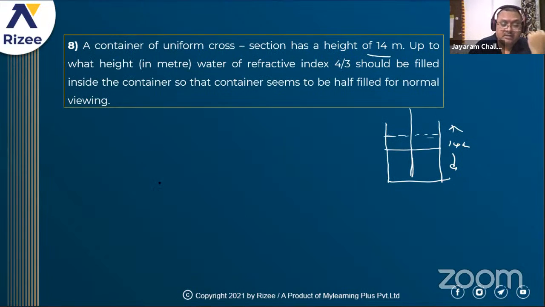So in the sense, the apparent depth is equal to d real by x. So real distance by x, real distance also we don't know. This is x by mu is d apparent. From this one, x is equal to mu into d apparent. You can write it.